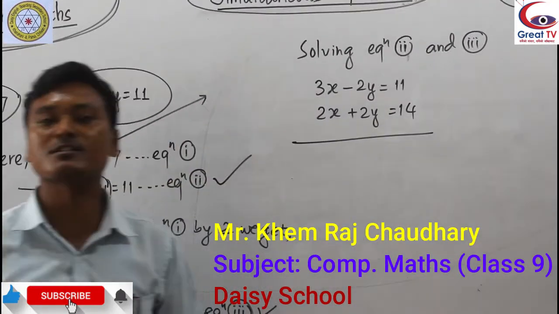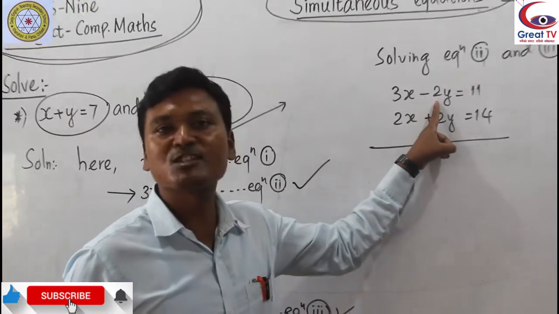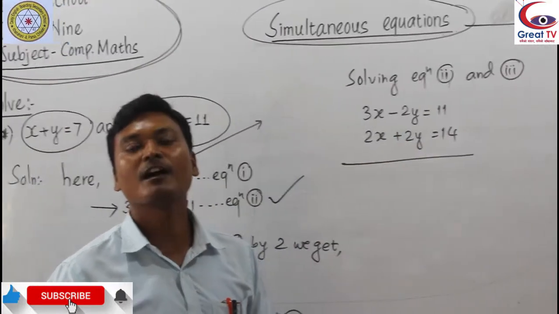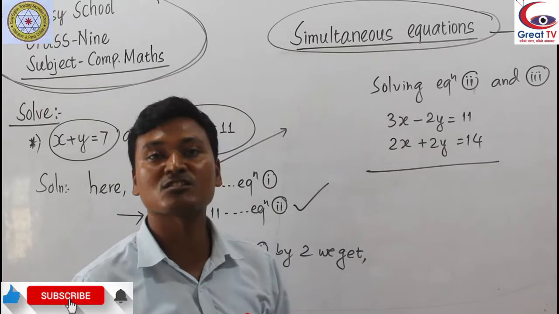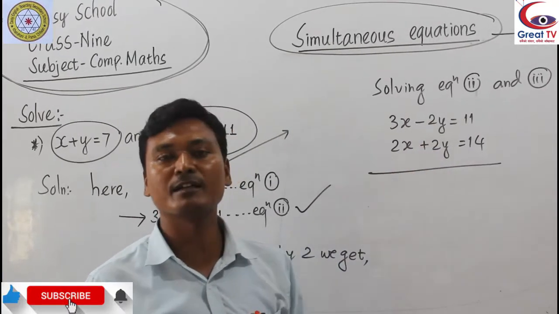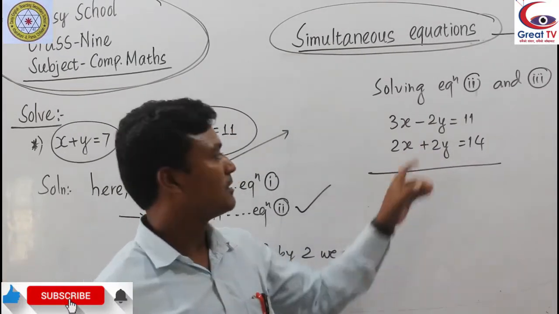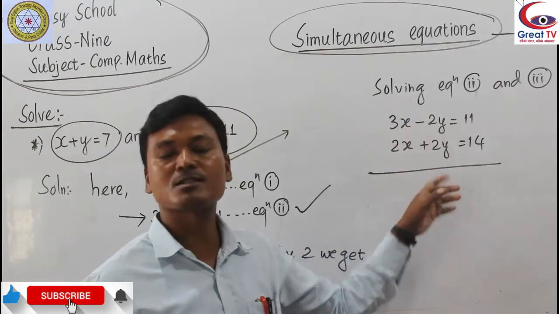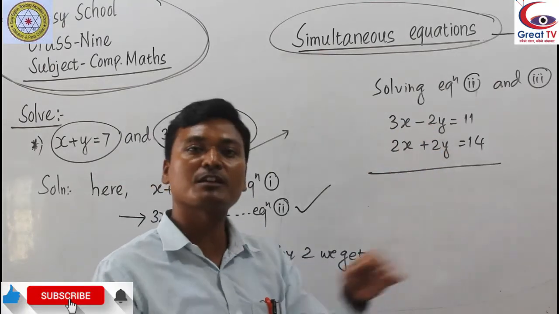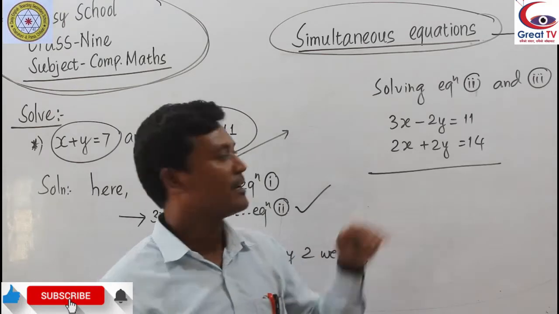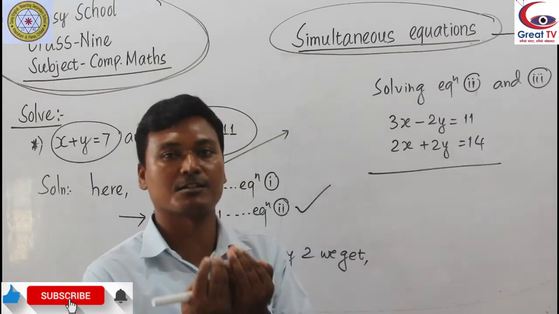Now here you should decide one more thing. Here is minus 2y, here is plus 2y. We have already talked about this in our previous class also. Minus 2y and plus 2y can be cancelled directly. So we should add.